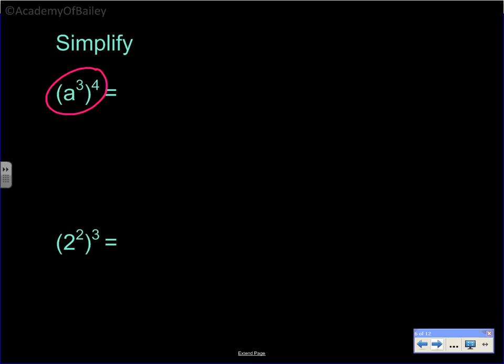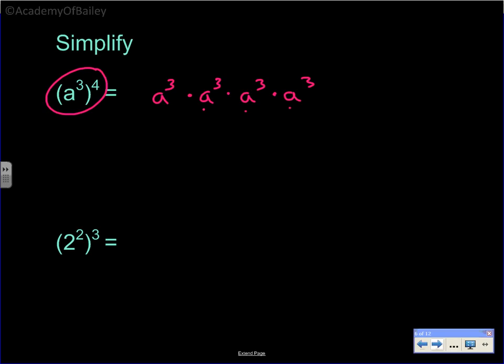We have a cubed raised to the fourth power. So what number is being raised to the fourth power? a cubed is being raised to the fourth power. So that means we have a cubed times a cubed times a cubed times a cubed.